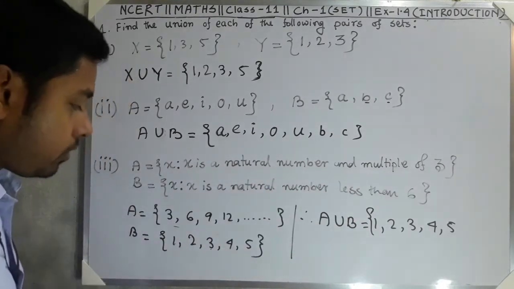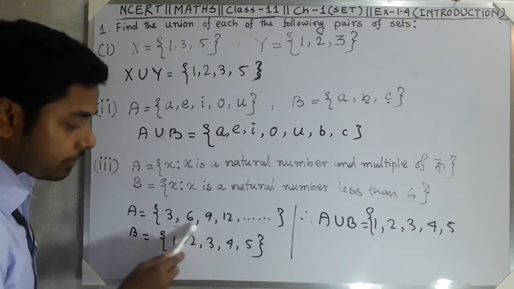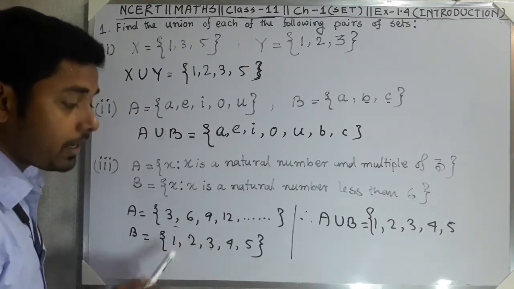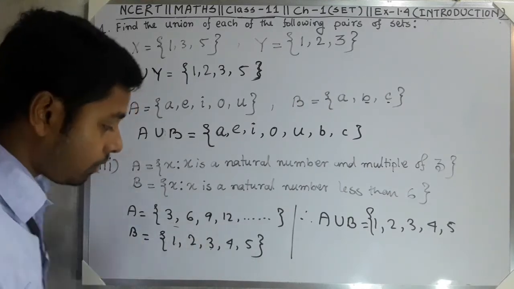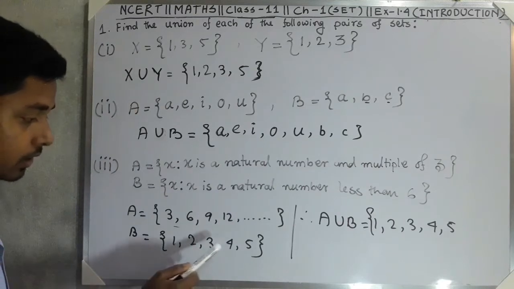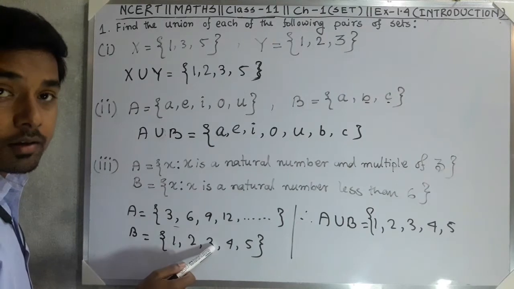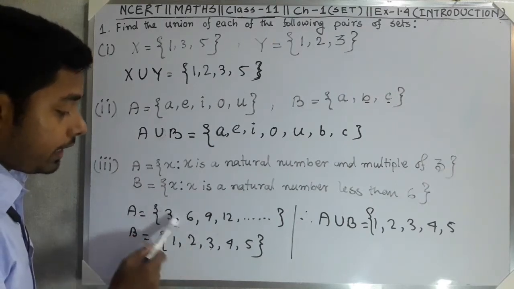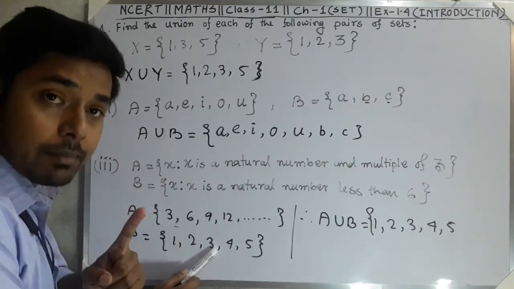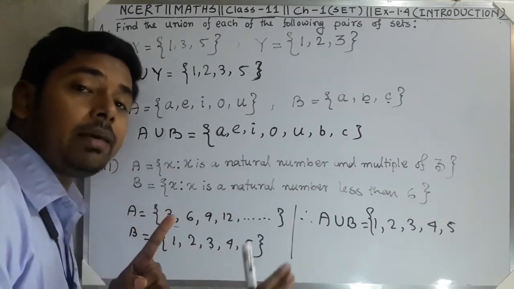So we have to take which elements? We have to take all the elements of A, all the elements of B, and the common elements. So what are the common elements? Here the common element you can see is 3 only. So the element 3 we take only one time, otherwise all the elements we have to take.